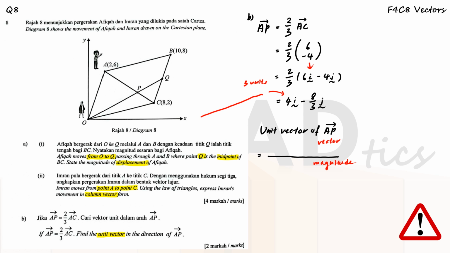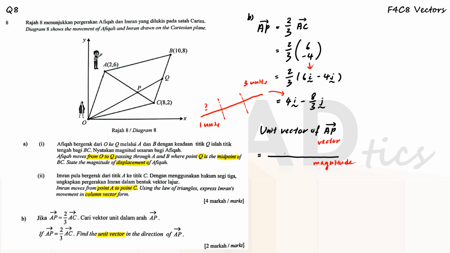So unit vector means that what is the vector that if I only want 1 unit of the vector, just 1 unit, so what would be its vector? So this is why we are dividing vector with its length. So I will be able to know what is the vector if this length has only 1 unit, which is why it's called unit vector.